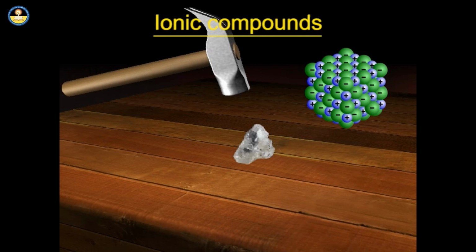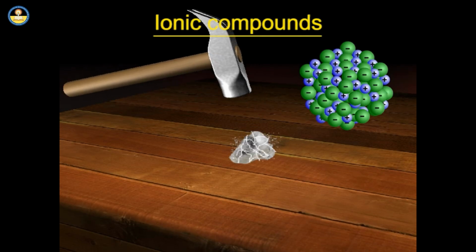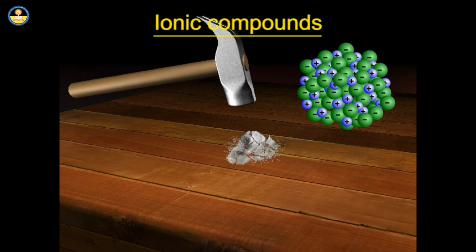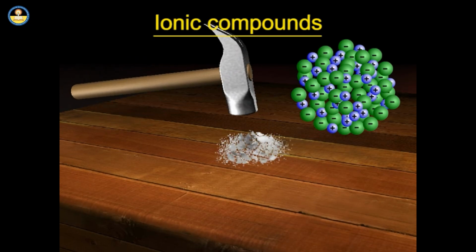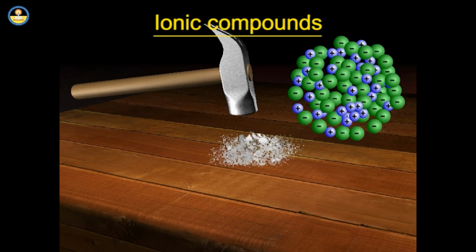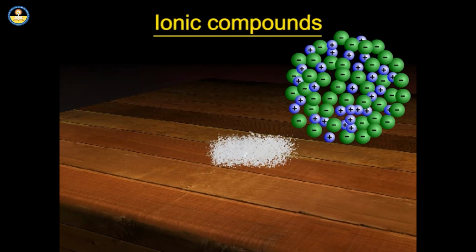On hammering or subjecting them to pressure, the arrangement of cations and anions gets disturbed, resulting in an increase in the repulsive forces because of similarly charged ions coming closer. This results in breaking of the ionic crystals into smaller pieces.